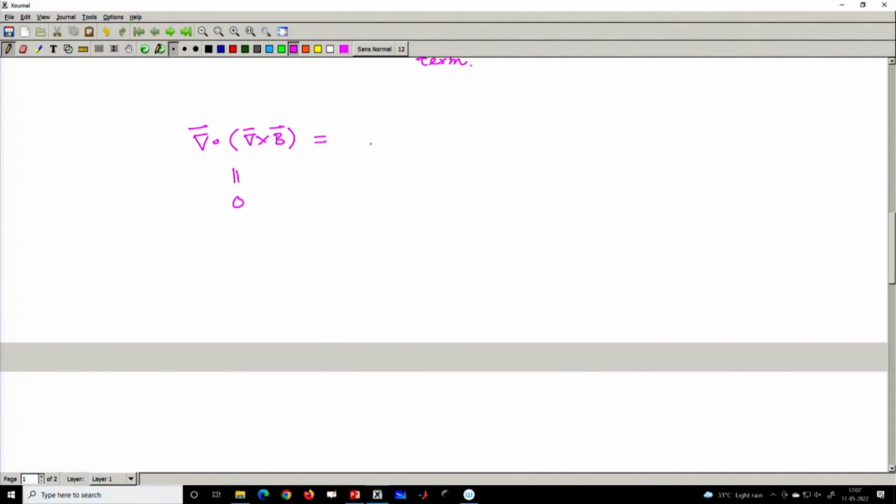We should have the divergence of the first term, mu 0 J, and then Maxwell's modification, del E by del t. So the left hand side is identically 0, and on the right hand side we are going to check what is going on.